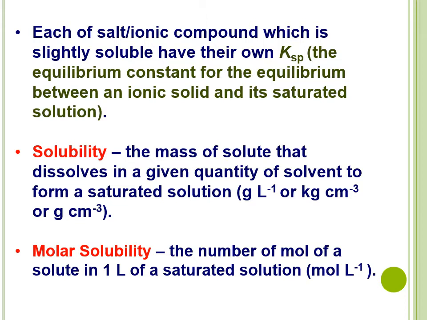We've seen the unit is gram per liter, or kilogram per centimeter cubed, or gram per centimeter cubed. Whereas if we use the molar mass, we get molar solubility, the number of moles of a solute in 1 liter of a saturated solution, mole per liter.